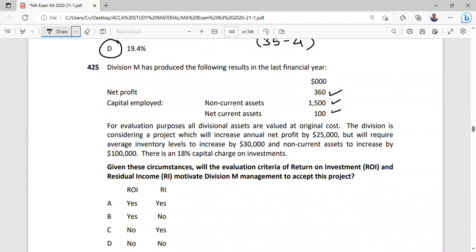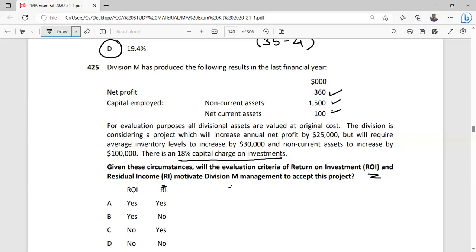Division is considering a project which will increase annual net profit by $25,000, but will require average inventory level to increase by 30,000 and non-current assets to increase by 100,000. There is an 18% capital charge on investment. Given these circumstances, will the evaluation criteria of ROI and residual income motivate their division and management to accept this project?